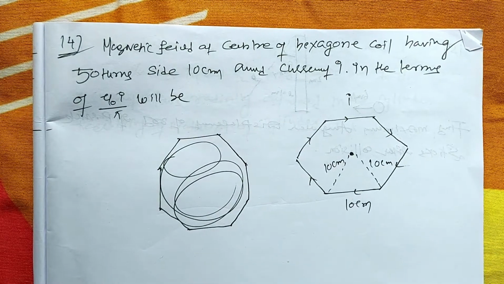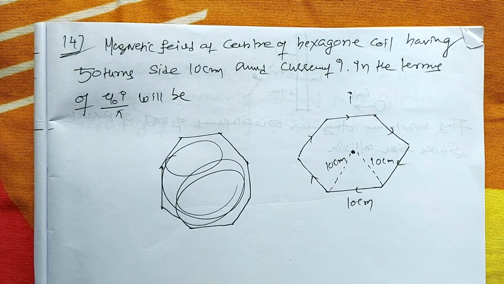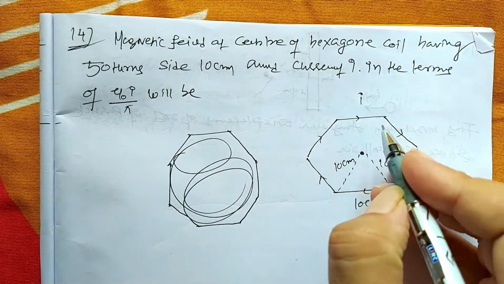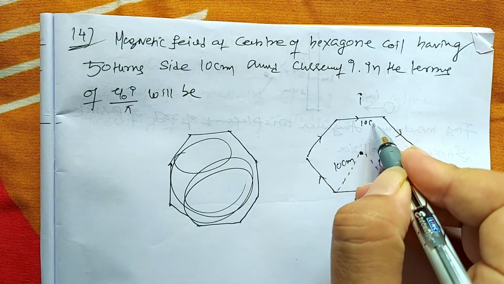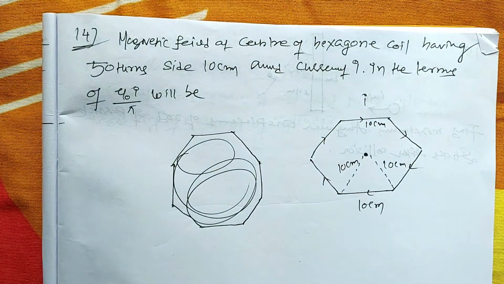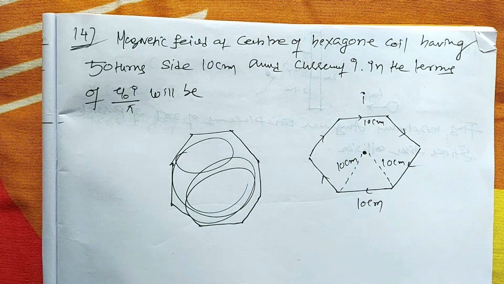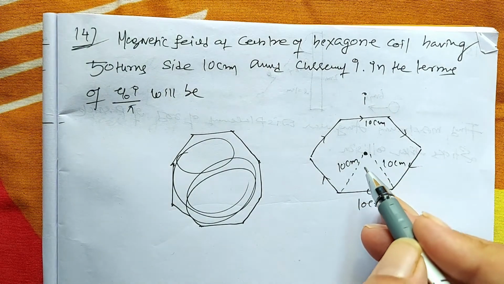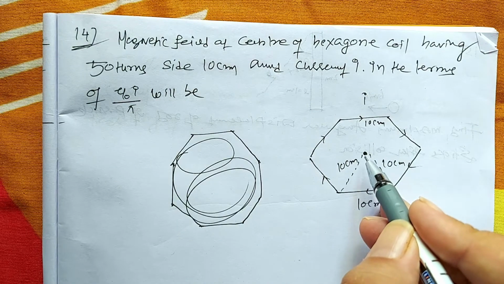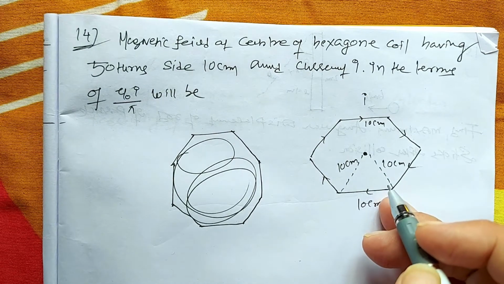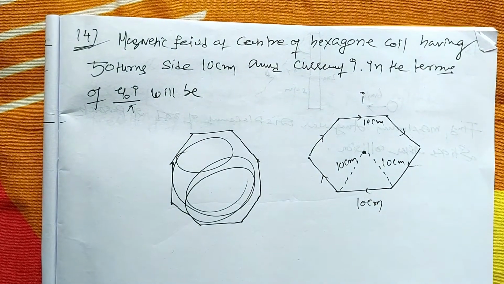We know that a regular hexagon is the combination of equal triangles. So this is 10 centimeter side, 10 centimeter. Now we want to find out the magnetic field at the center of the regular hexagon.